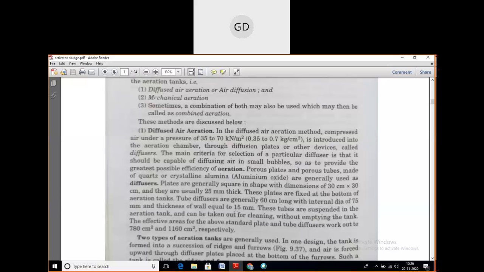All these dimensions you can study by yourself. So the main thing is that in diffused air aeration, compressed air is introduced into the aeration chamber, and the pressure is 35 to 70 kilonewton per meter square.